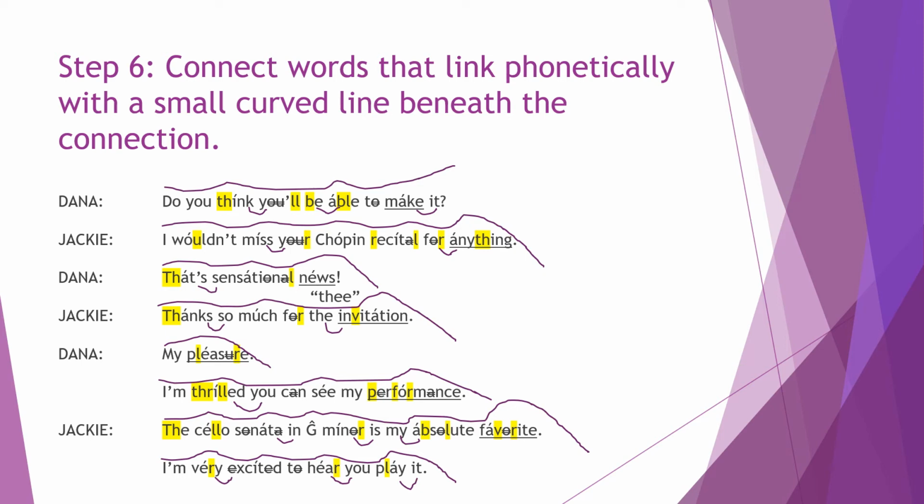Sometimes this means connecting a consonant with a consonant, as when you say, "thanks so much," or a consonant with a vowel, as when you say, "make it," or a vowel with a vowel, as when you say, "be able," or "the invitation." As you can see, this conversation has a lot of vowel-to-vowel linking.